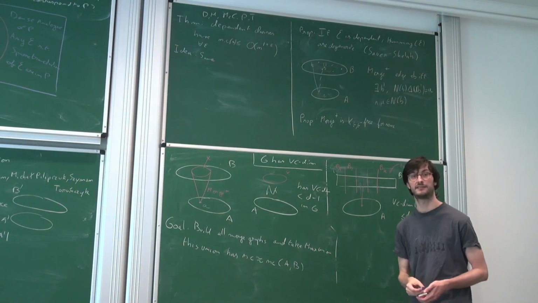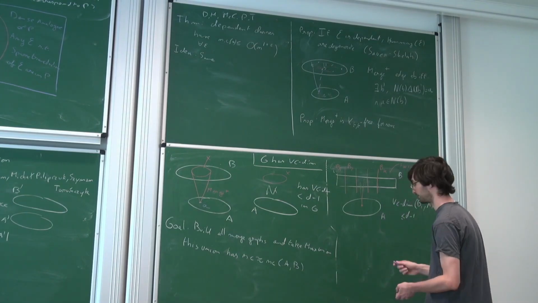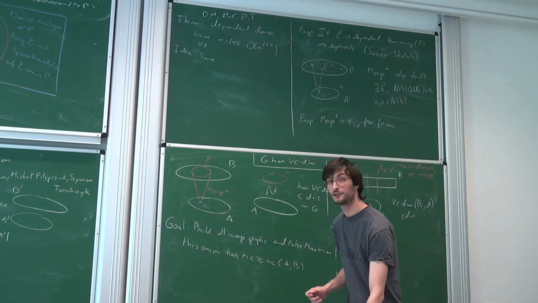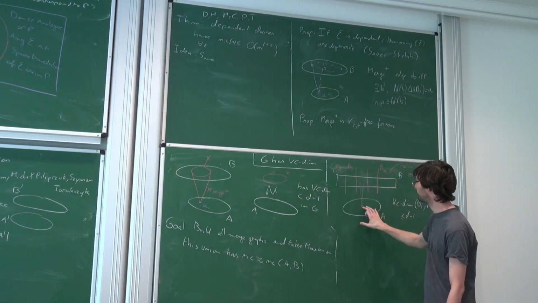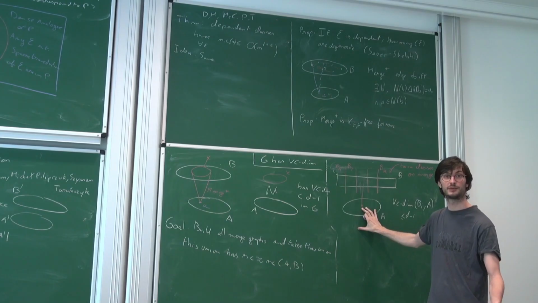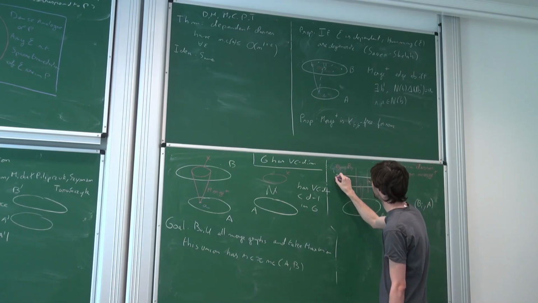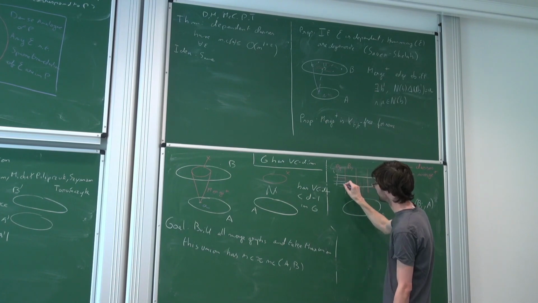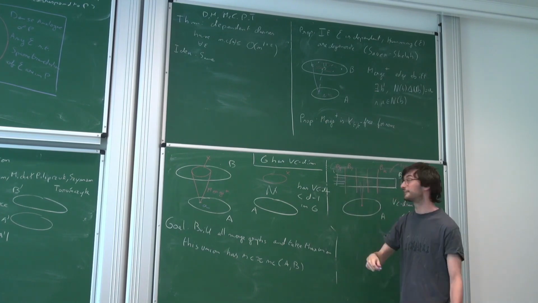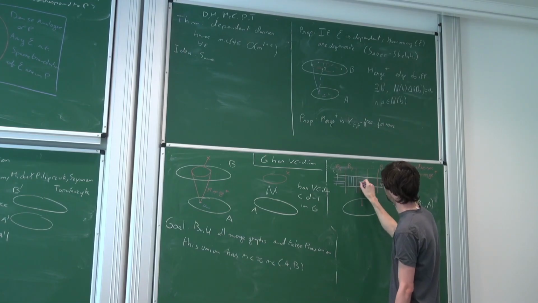And then we repeat the operation. So we will look at the merge graph between B1 and A and decompose it into classes. And we'll do the same for B2, for B3.